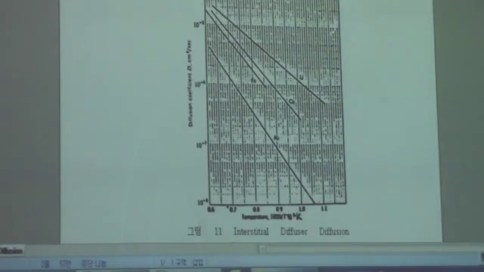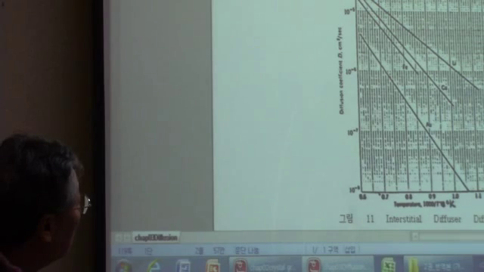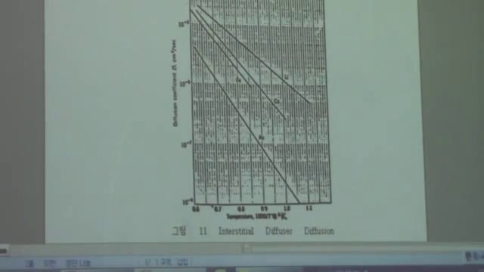And this is the typical diffusion coefficient of the impurities: lithium, iron, copper, gold, things like that. You can see the y-axis here is very much different from the y-axis of the substitutional diffusion, which has been shown before. This is at least 1,000 times or 10,000 times higher in the diffusion coefficient.